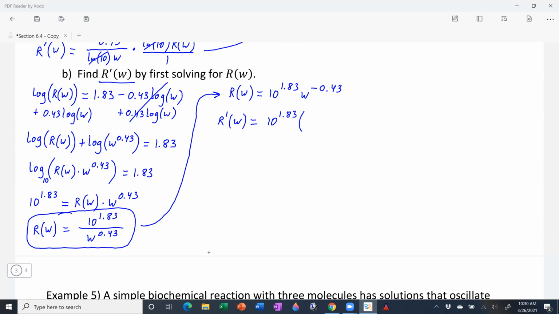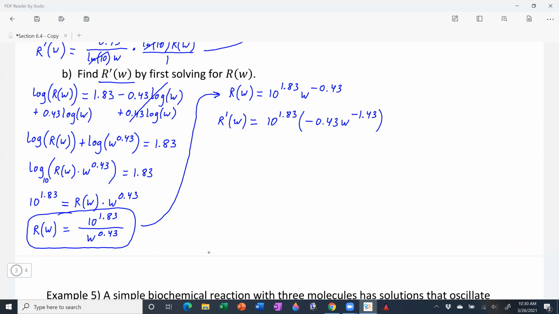So the derivative of the variable raised to any power is you multiply the power in front of the variable and then reduce the power by 1. Okay, and so even though it's a weird decimal thing, we still do the same thing. So we need to do negative 0.43 minus 1 is negative 1.43. Okay, and then that's pretty much it.